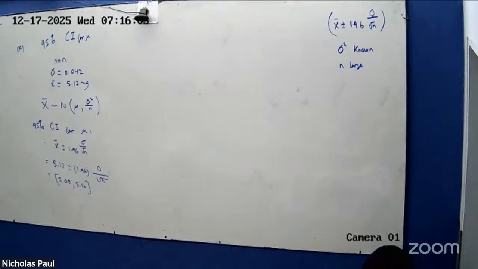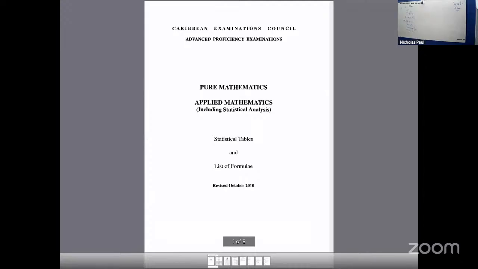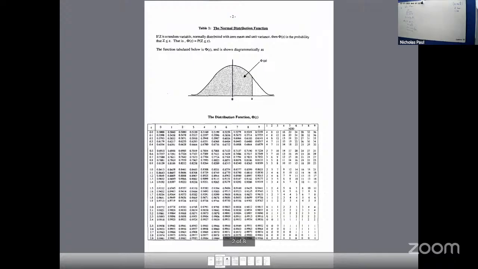Right, pull up your T distribution. Right, so look at the normal distribution.